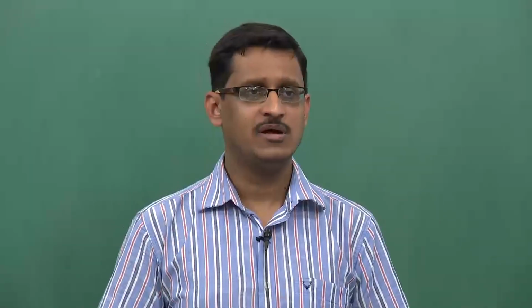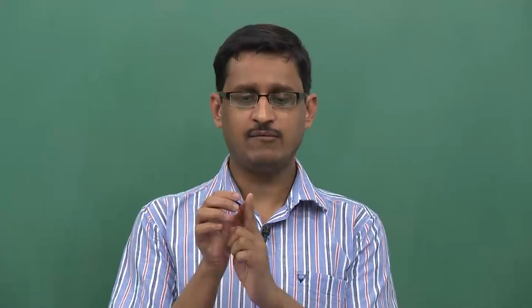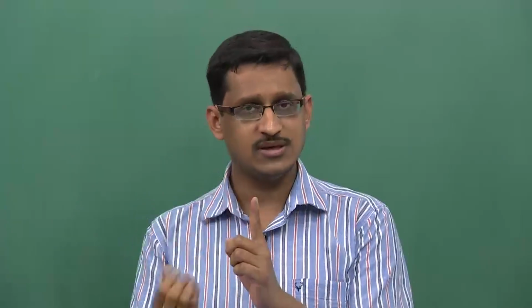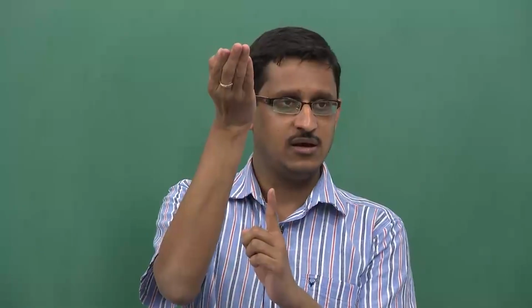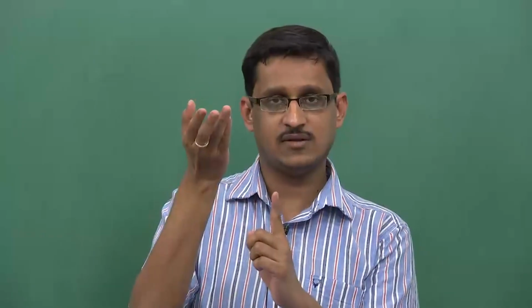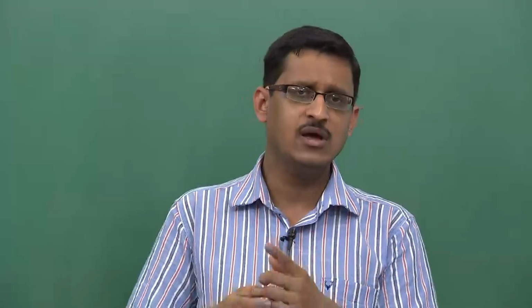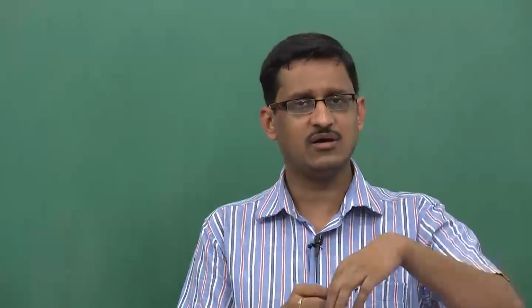Can there be a component along the z direction? For an infinite line charge, if I were to say there is some non-zero z hat component, it would also mean that there is a charge somewhere giving a field along the z axis. But that is not the case here. The only charge distribution I have sits on the z axis, all the way from minus infinity to plus infinity.